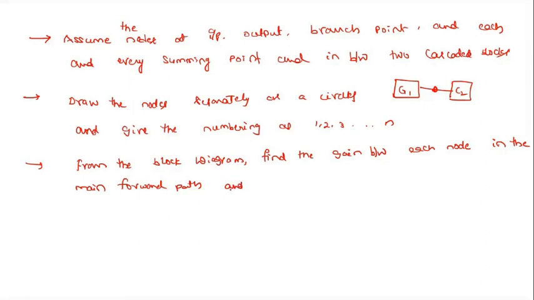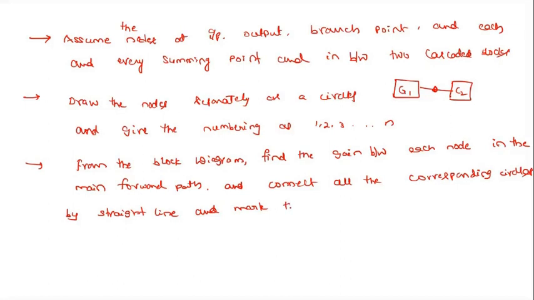From the block diagram, find the gain between each node in the main forward path and connect all the corresponding circuits by a straight line and mark the gain between the nodes. This is the third point.